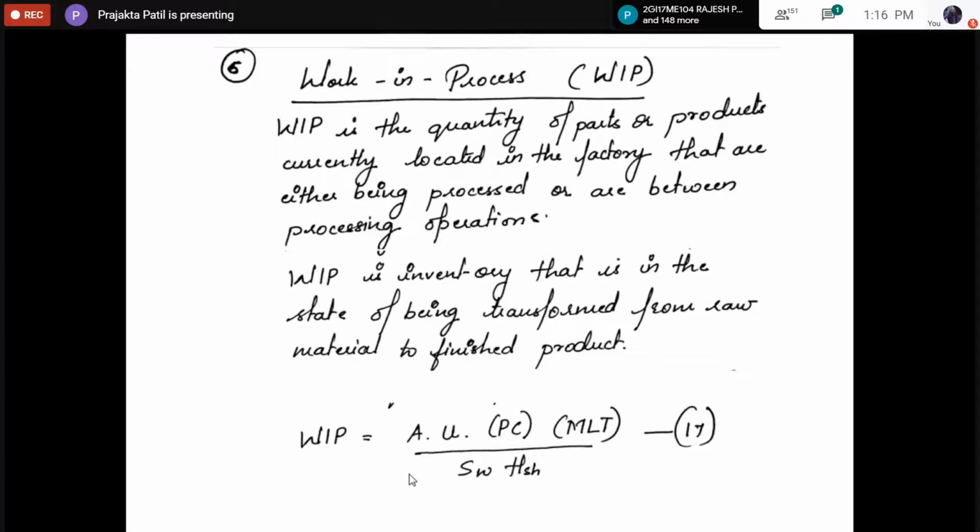Because of this, companies have to sustain a lot of cost, because this inventory takes a lot of time until all the products are manufactured and sent out. So this is like a burden on the company.